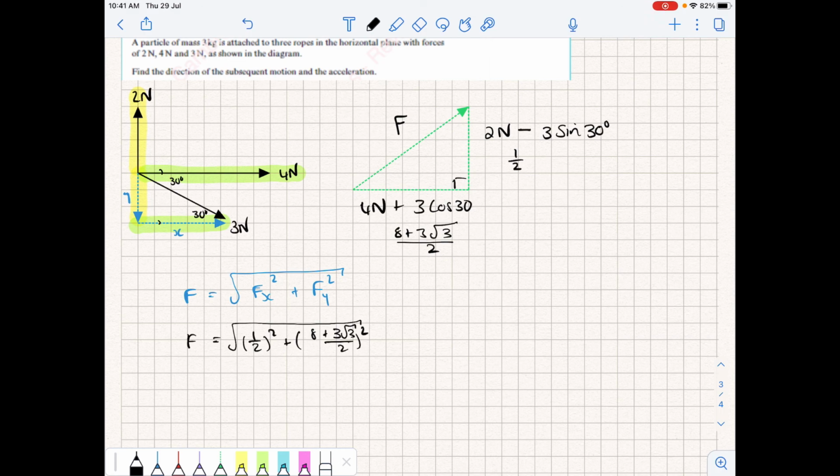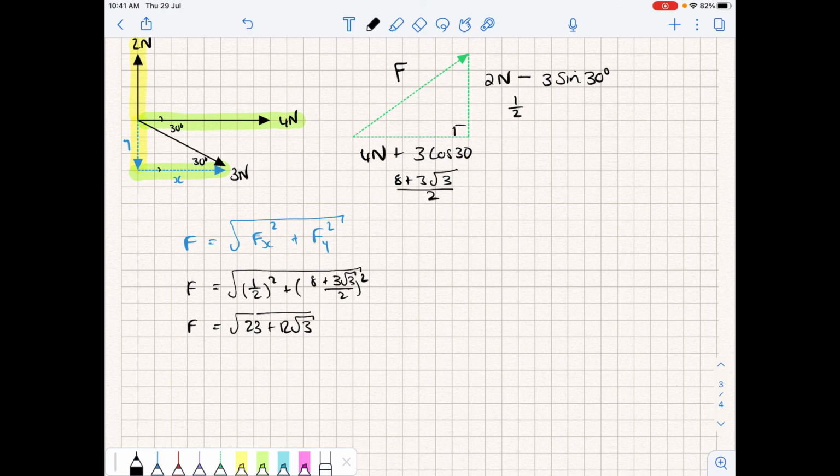I still have that in my calculator, that 8 plus 3 square root 3 over 2, and the first thing I'm going to do is square it, and add that to a half squared. That's going to give me F equal to the square root of 23 plus 12 root 3.